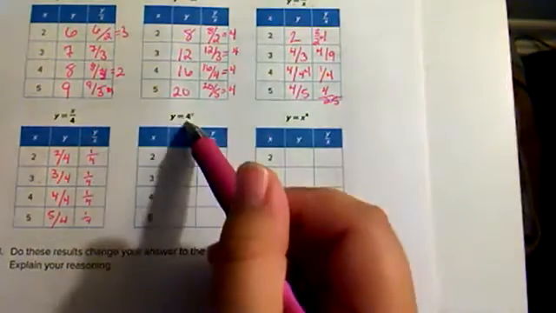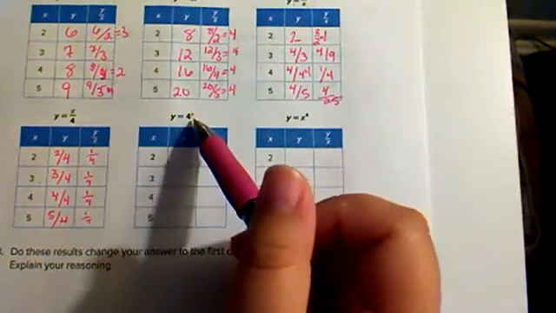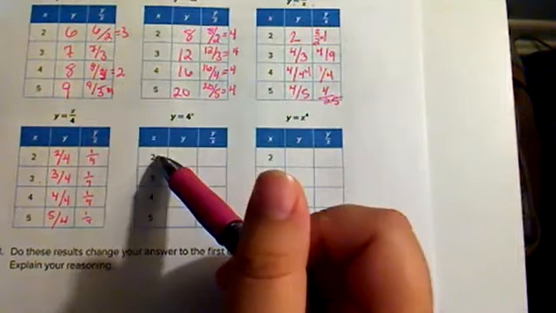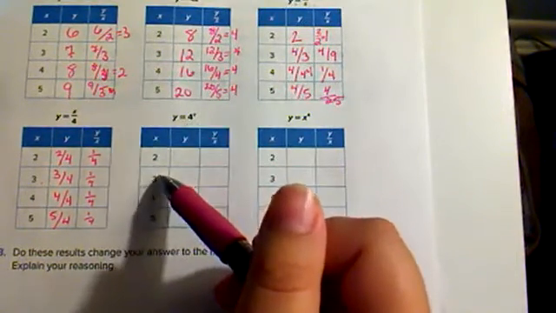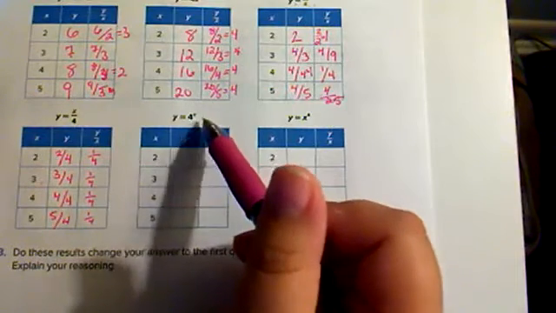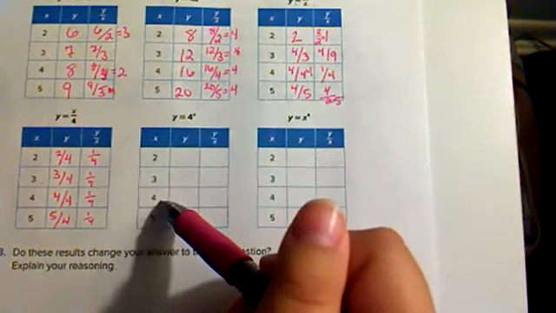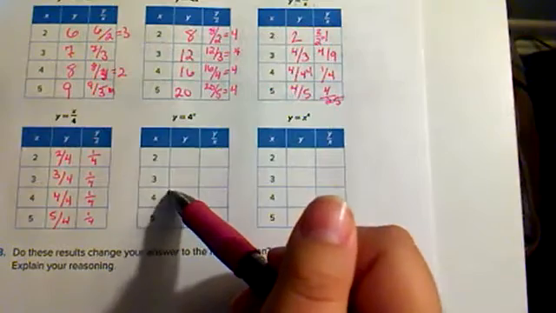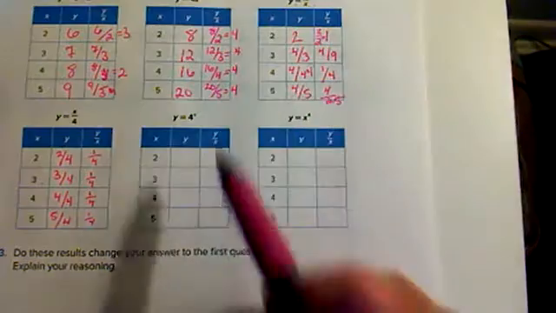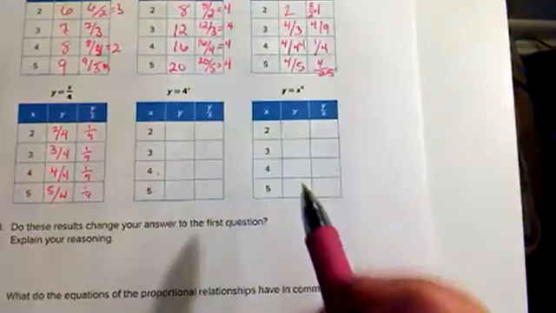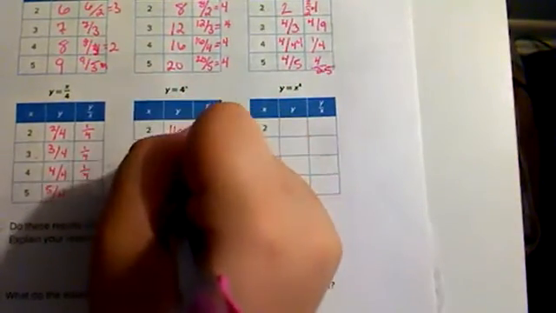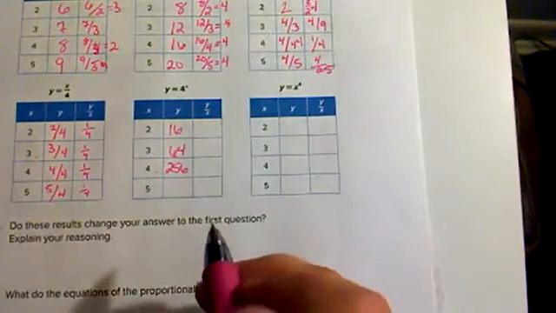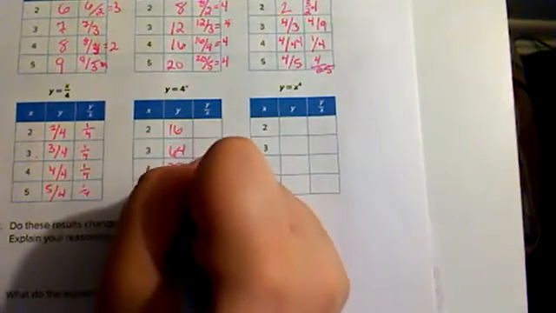All right, let's look at this one. So we have y equals 4 to the power of x. So when we're looking at that, it would be like 4 times 4 twice if this was cubed. If it's squared, if it's cubed, it would be 4 times 4 times 4. If it's to the power of 4, it would be 4 times 4 times 4 times 4. I'm just going to give you the answers for this one because this one can be a little tricky. So it would be 16, 64, 256, and then 1024.